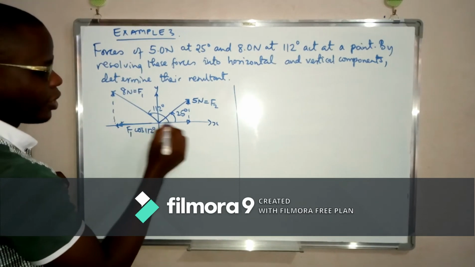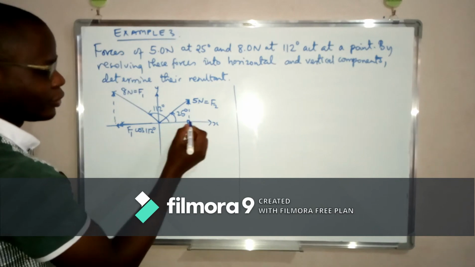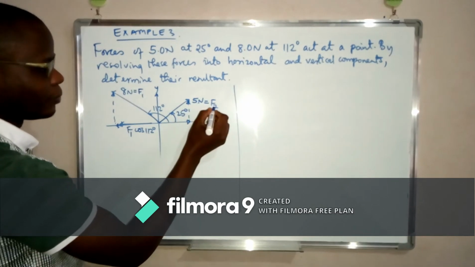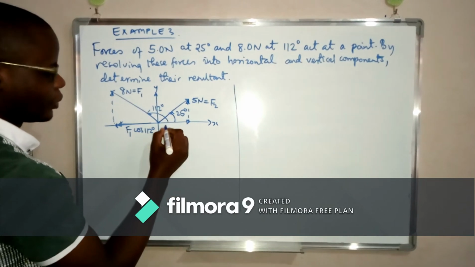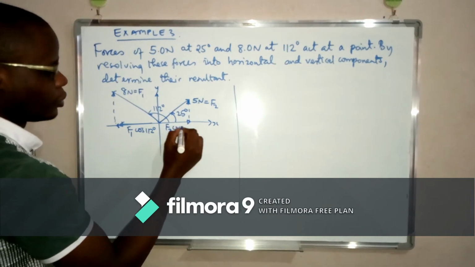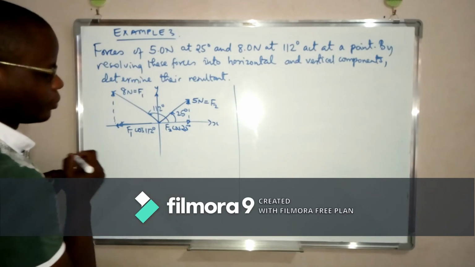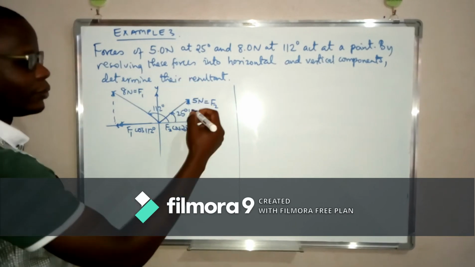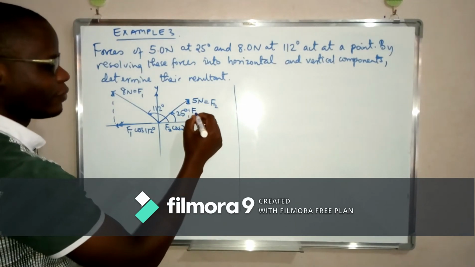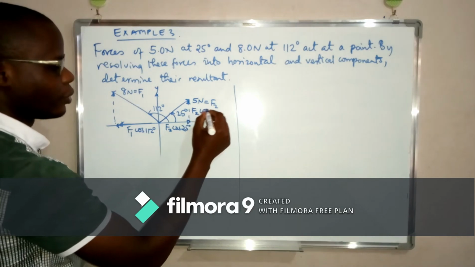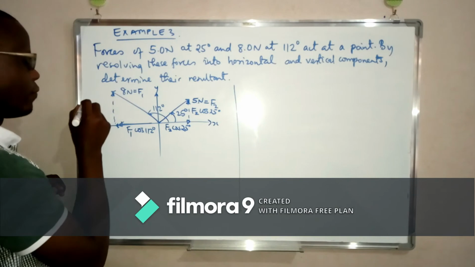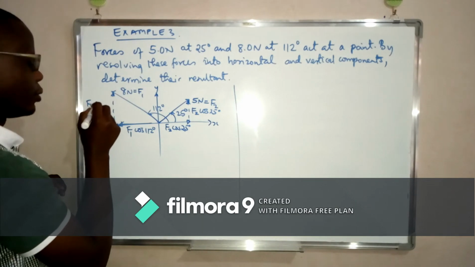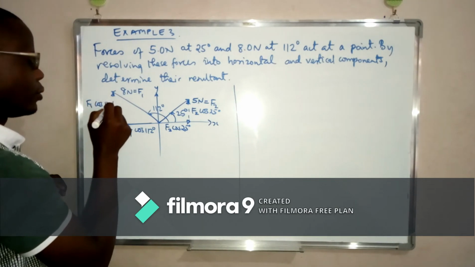And then we have to get the horizontal component of this force, that is F2, which will be F2 cos 25 degrees. Same to the vertical.